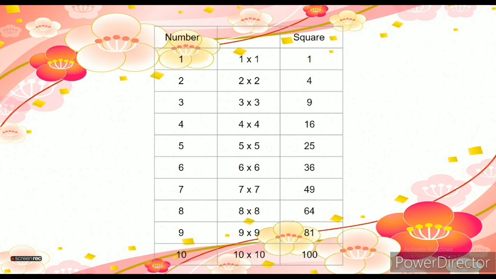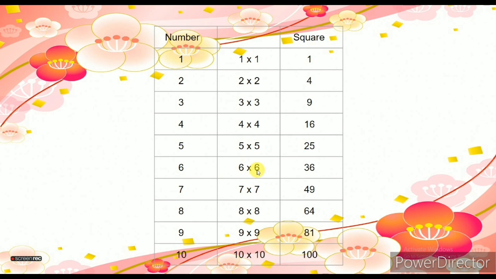Here, I have given the squares of 10 natural numbers. 1 multiplied by 1 means 1 square is equal to 1. 2 square is equal to 2 multiplied by 2 is equal to 4. 3 square means 3 multiplied by 3 is equal to 9. 4 square is equal to 16. Square of 5 is equal to 25.